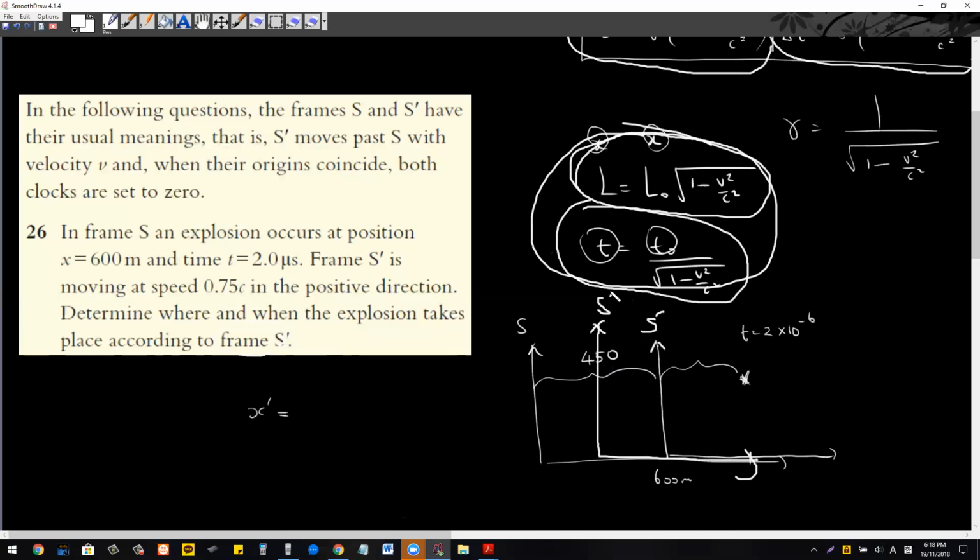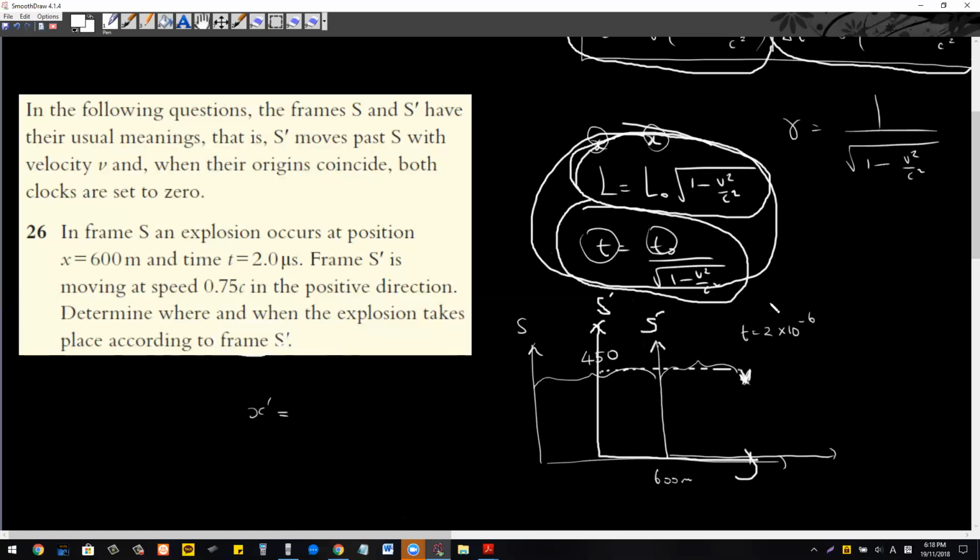So when the S dash is here, this guy observed this event already. The fact that the speed of light is finite means this guy observes this event much earlier than this person. So that's why the time will be a lot less as well.